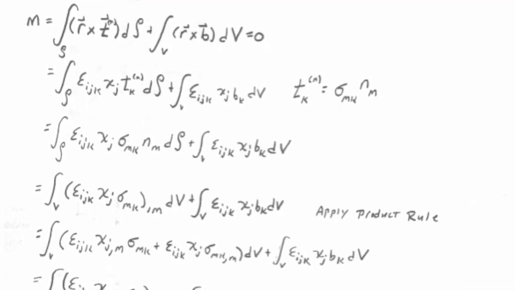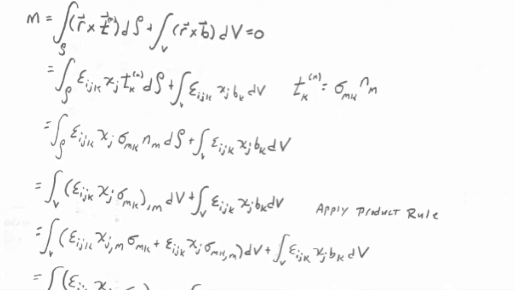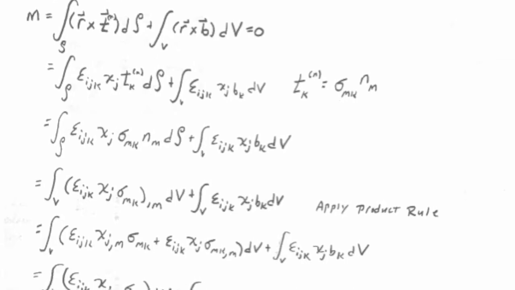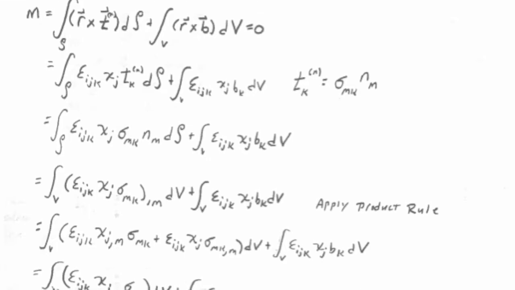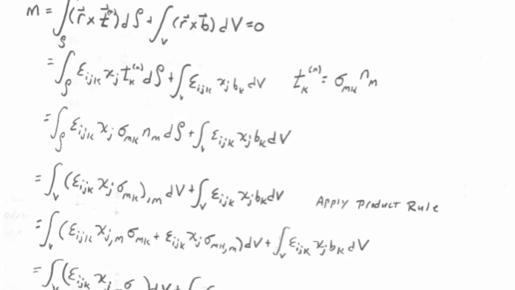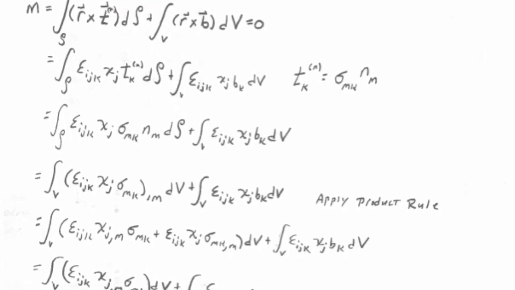So this becomes sigma m k n m. What did we do last time here?